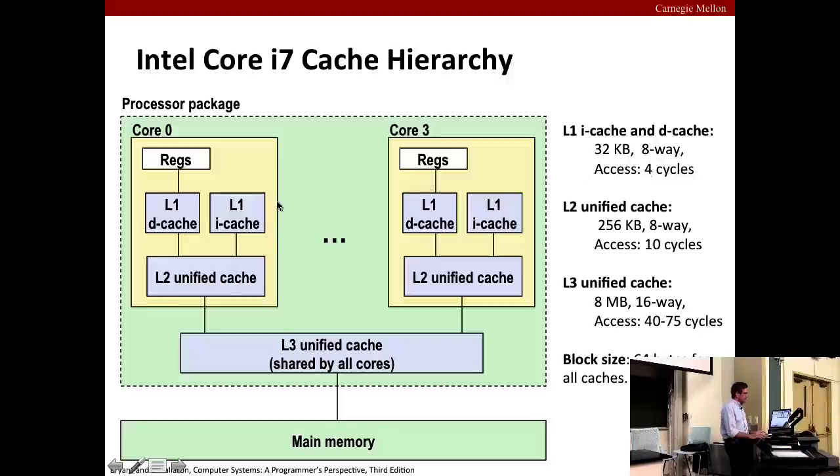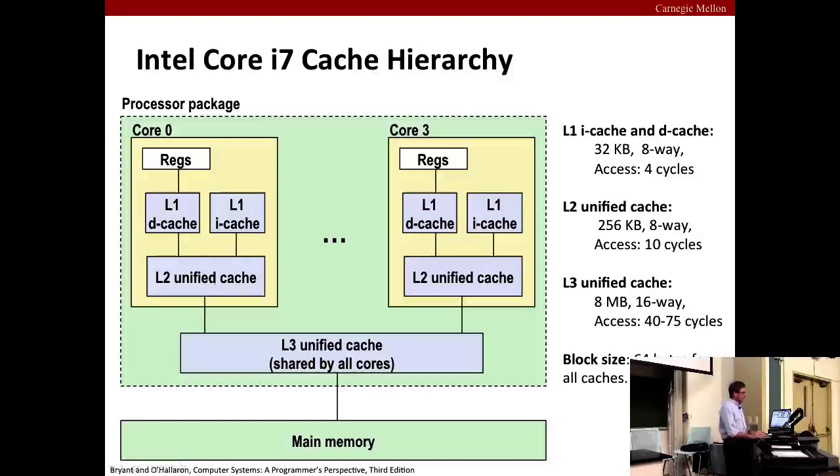The next level of the hierarchy is an L2 cache, which is still fairly small, 256 kbytes, same associativity, and it has a slightly longer access time. And it's unified in the sense that the L2 cache contains both data and instructions.